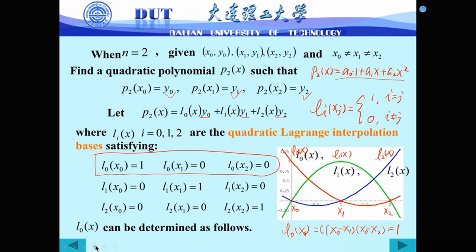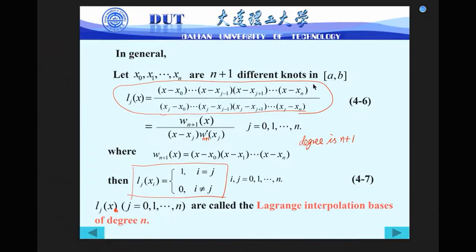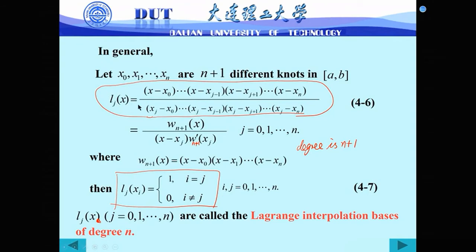And actually, for the general case, we can obtain the basis directly by this ratio. This is the Lagrange interpolation basis, right? The numerator is (x minus x0) multiplied through (x minus x(j-1)), then jump to (x minus x(j+1)), and multiply to (x minus xn).